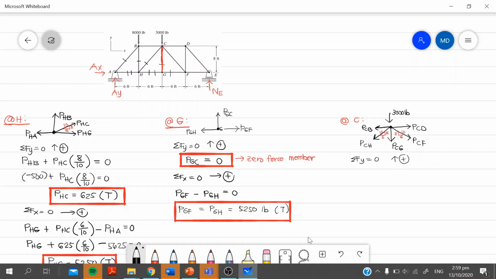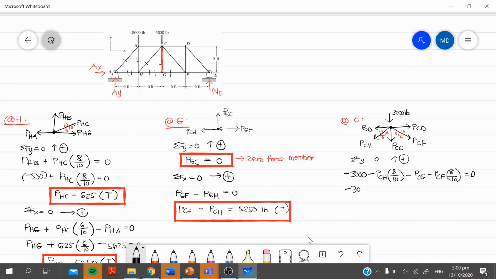Okay, so there is no upward force, so everything is negative. Negative 3,000 minus CH, vertical component is 8 over 10, minus CG, minus CF, vertical component 8 over 10, all equal to 0.